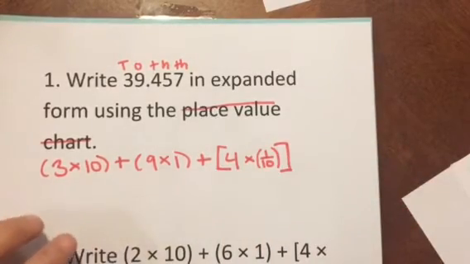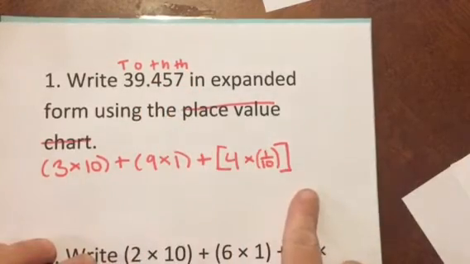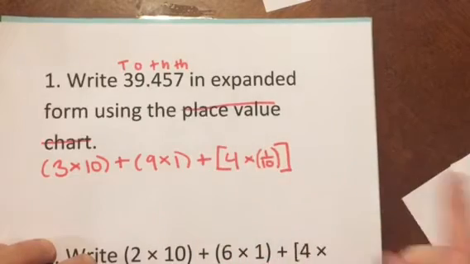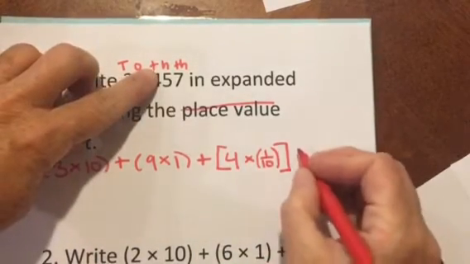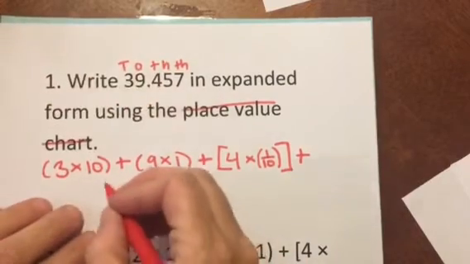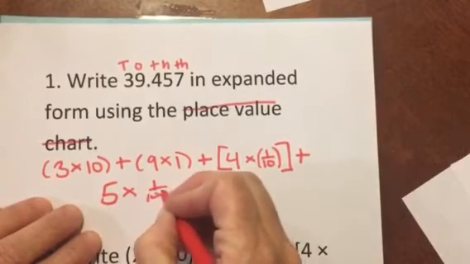So I like to remind myself that whenever I'm doing the decimal side, they need brackets. So all the decimal numbers are going to get these brackets around them. Okay, so plus, what else do I have? I have 5 hundredths.